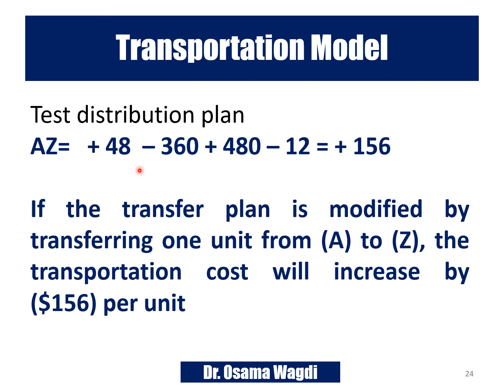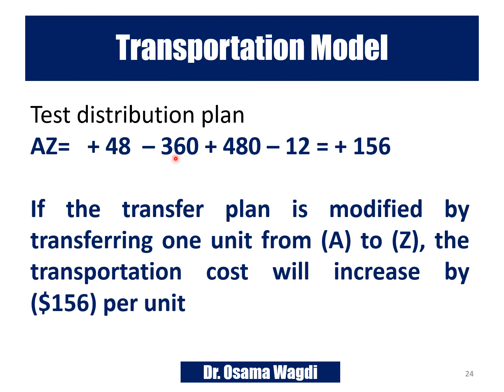Okay, the first number is 48, which is the cost of the cell. This number 360 is the number for the cell beside the empty cell, which is AZ. So I will make subtraction between those numbers.